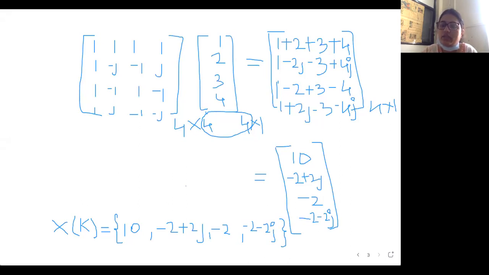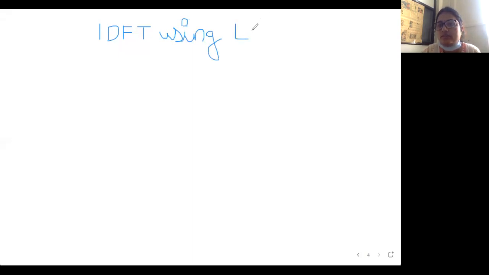Now, in the next part, what are we going to study? Calculation of IDFT, inverse discrete Fourier transform, using linear transformation. So here we will now try to formulate the IDFT formula by using linear transformation.